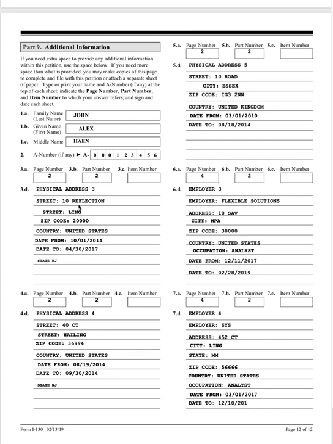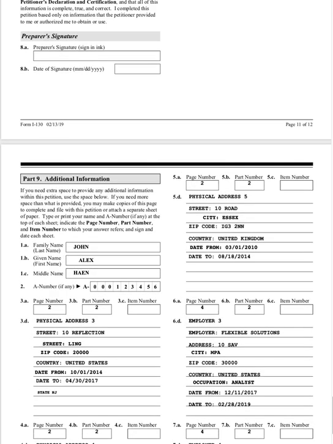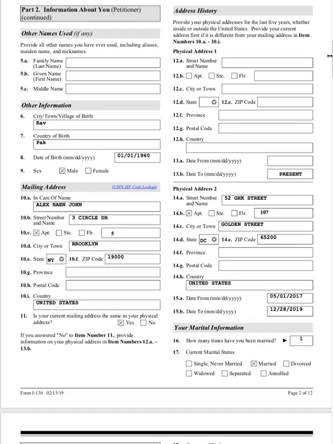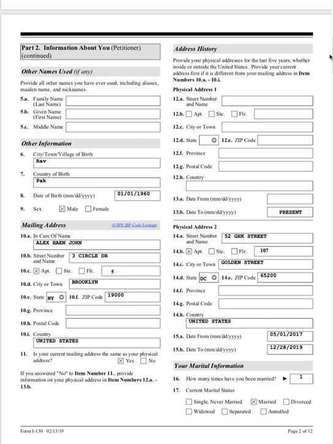If you lived at more than 5 addresses, then keep entering your old addresses for the last 20 years. So what I did, I continued the sheet from page number 2, part number 2. I'll show you. So this is page number 2, and here is part number 2. So I just did the continuation. I had space where I entered my physical address 2, but there was no space for me to enter my address 3.